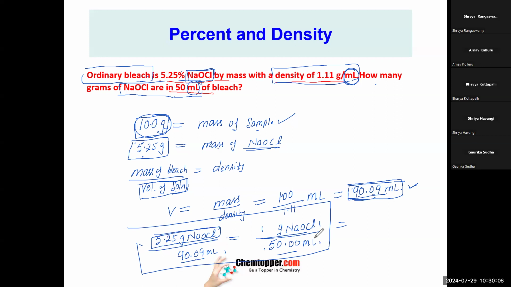Okay. Or you can do this dimensional like this. You want to know in 50 ml?